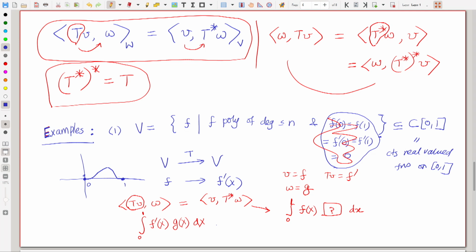But the boundary term is the problem, and that was what caused me so much grief. Integration by parts tells me this is u dv, g x times the derivative of f. So it is uv, which is f x g x at the two limits, minus the integral of f times g prime.